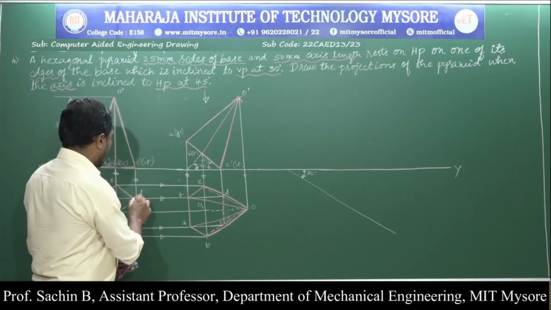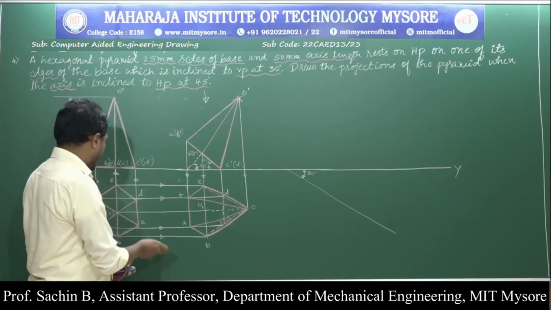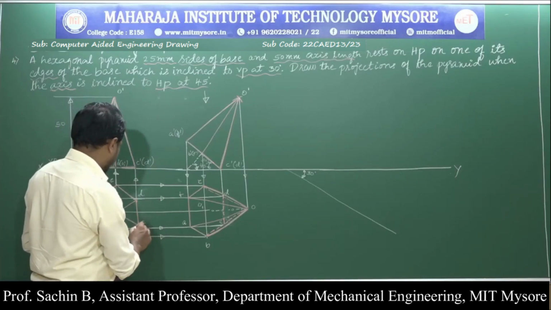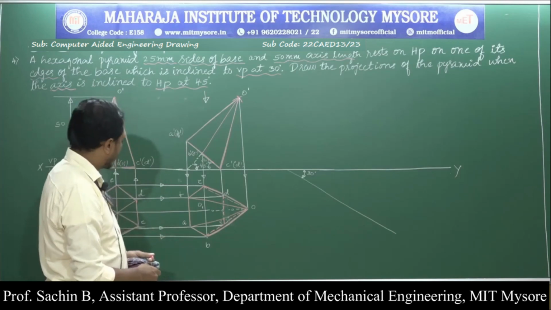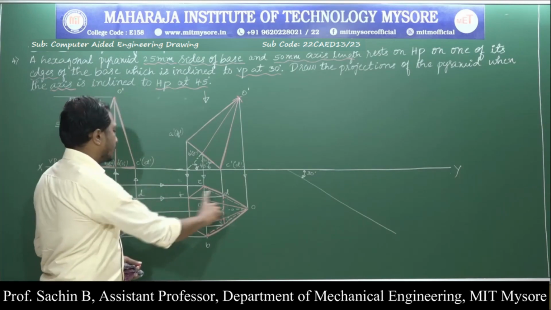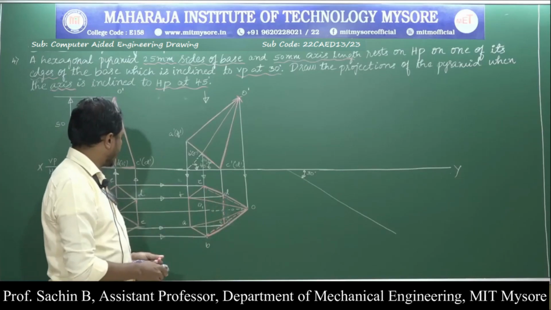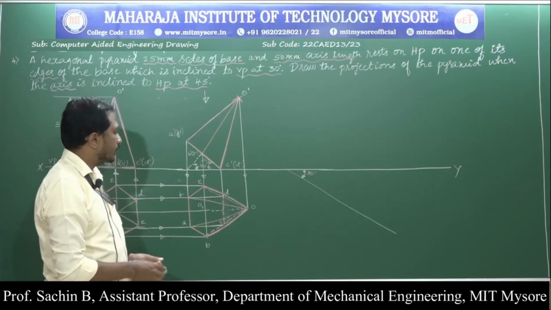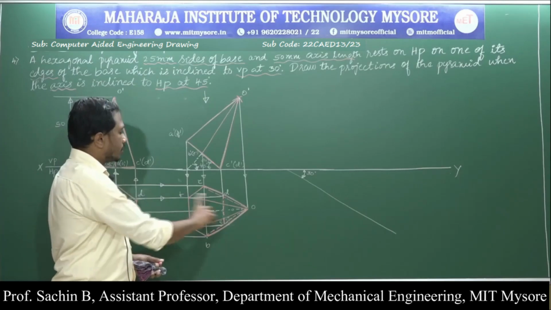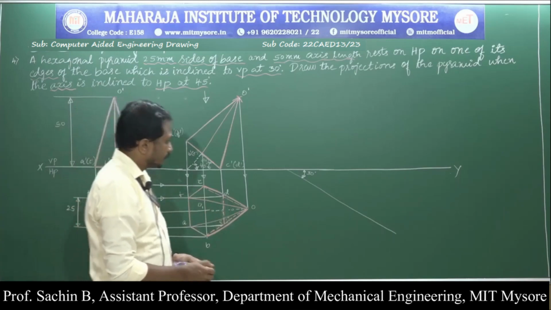Even if I measure it from the first position of the object, the true length will remain the same. That is C to D true length for the first position, and also for the second position the true length will remain the same.